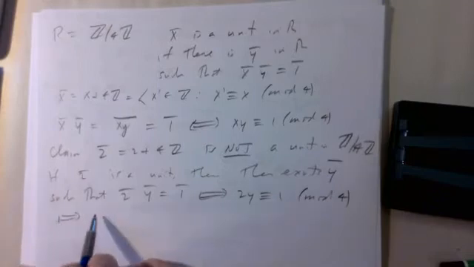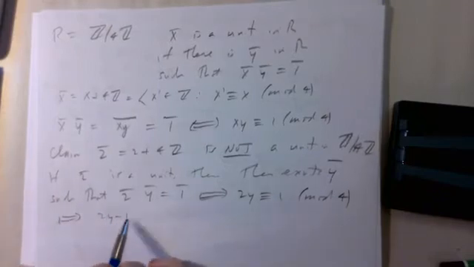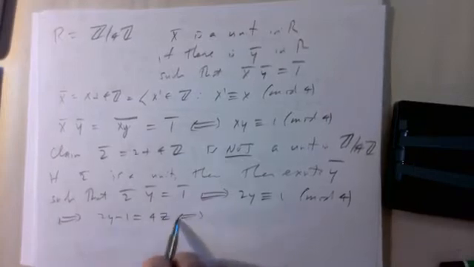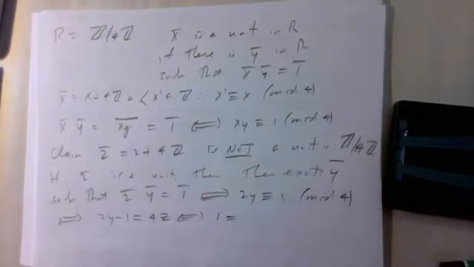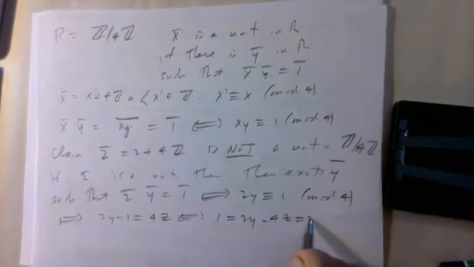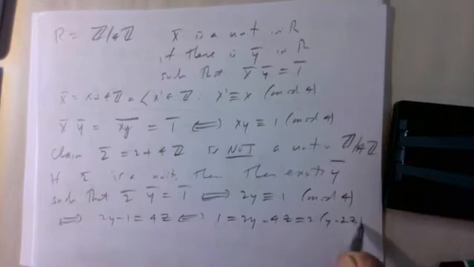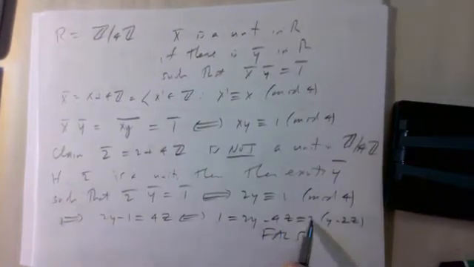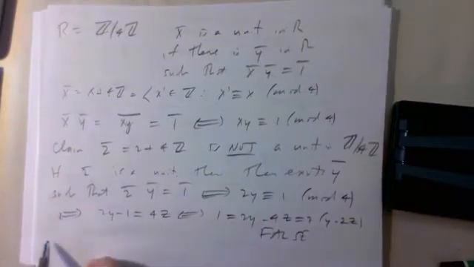which is the same as saying 2y minus 1 is some multiple of 4, which means 1, if I just rearrange this equation, is 2y minus 4z, which is 2 times y minus 2z, which is false, because 2 doesn't divide 1.